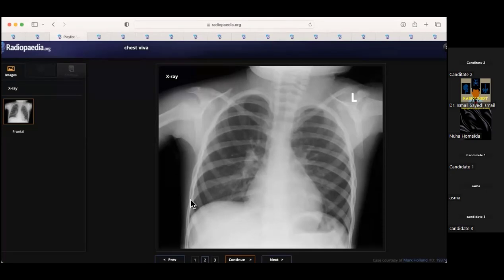A foreign body ingestion or inhalation could be a cause of increased lucency of the right lung field. To confirm my diagnosis, I'd like to put the patient on the affected side to see if it will still be hyperinflated. So how would you know which side is affected?